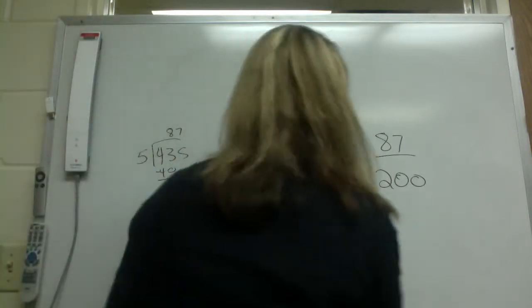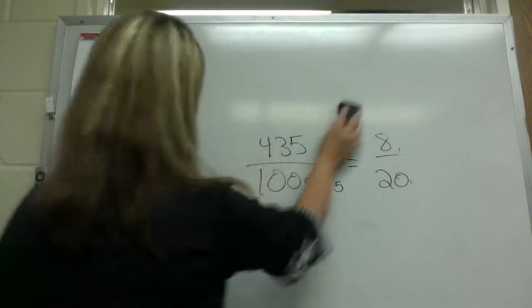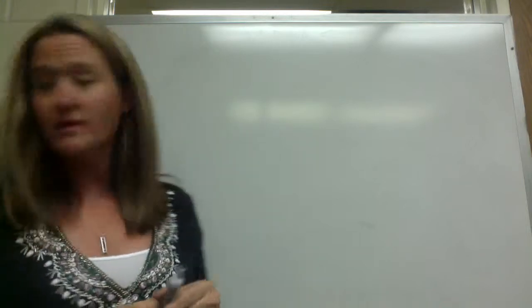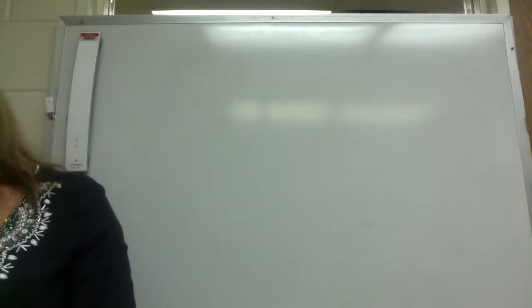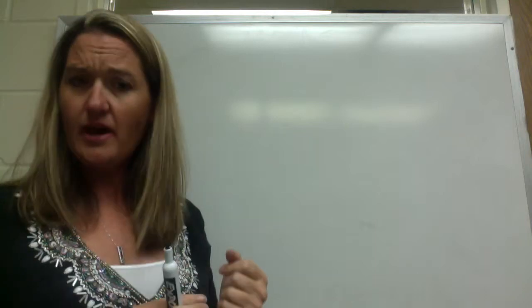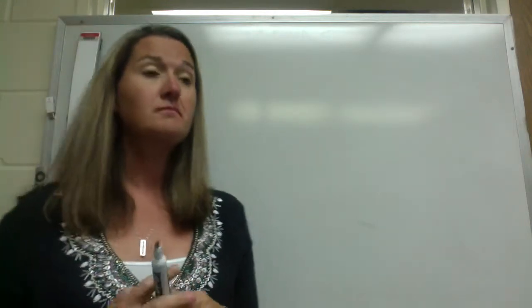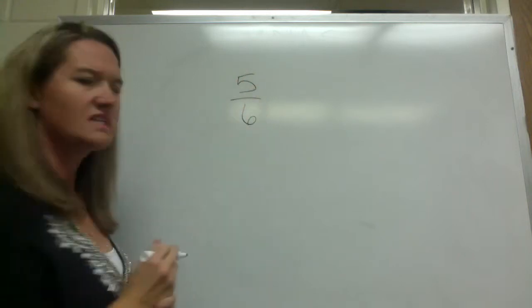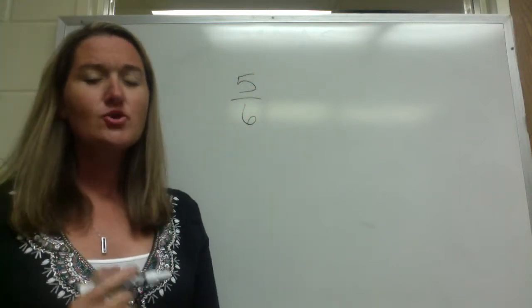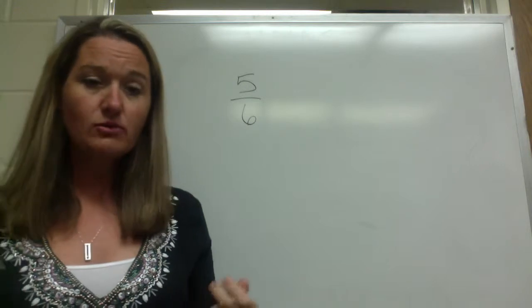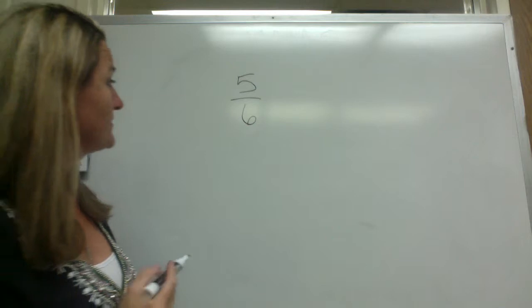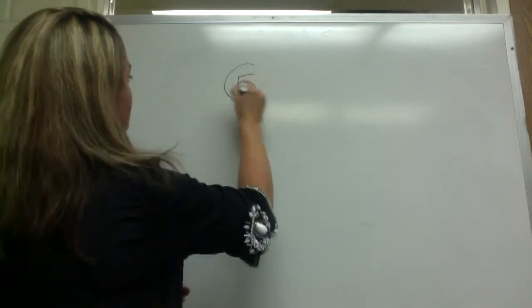Now we're going to have some fractions, and they're going to ask us to turn them into decimals. So let's see, in your book, say we've got 5/6. To turn 5/6 into a decimal, we look at the top number, 5.